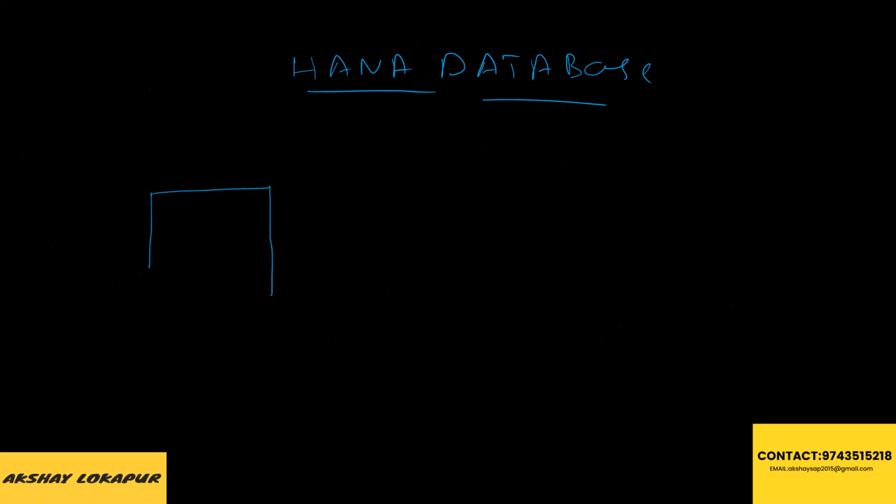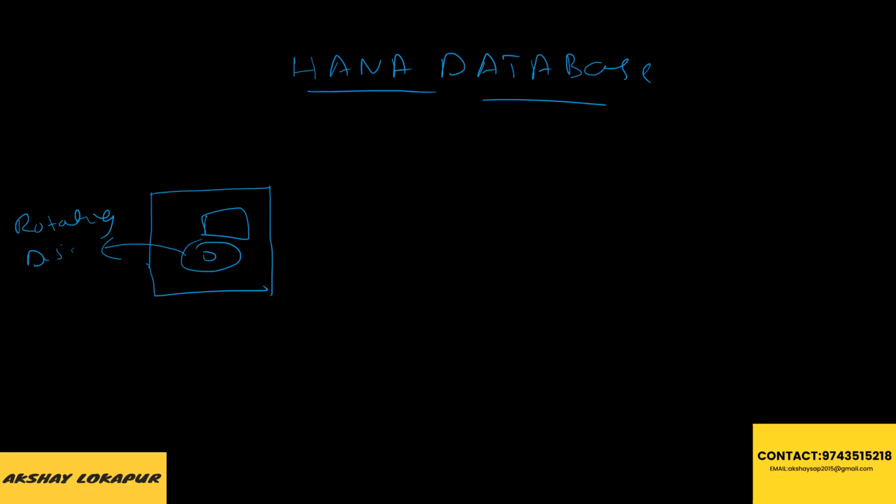The HANA database system, we will see how it is very fast. Earlier in ECC and others, they were using a mechanical database. You can see here, it has a rotating disk and drum.